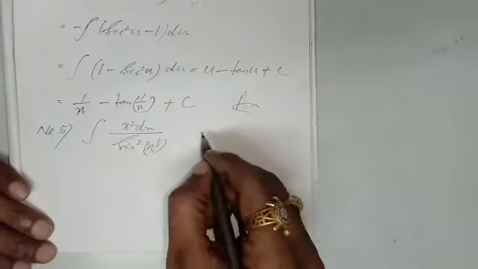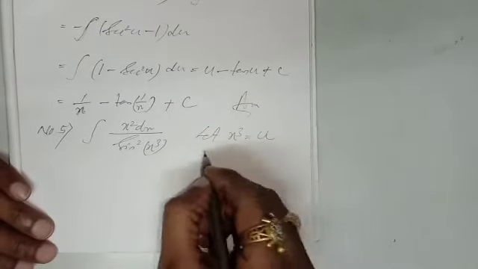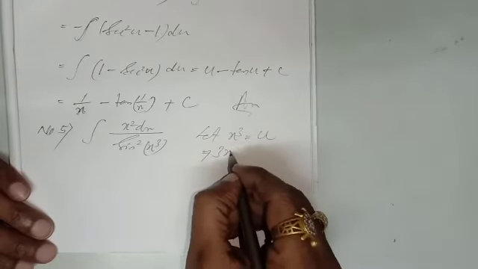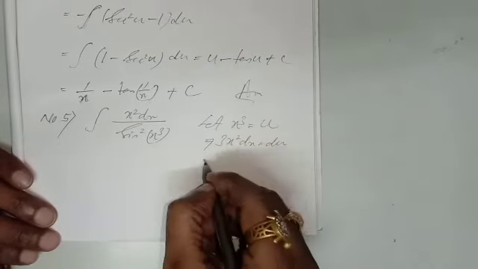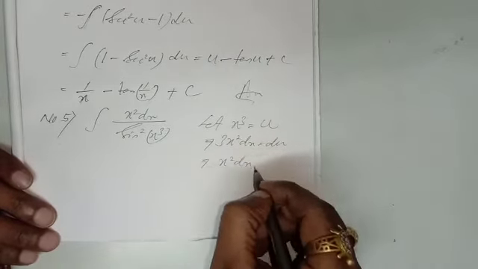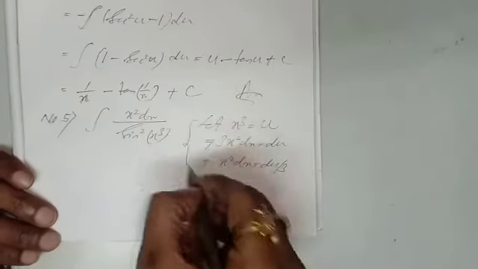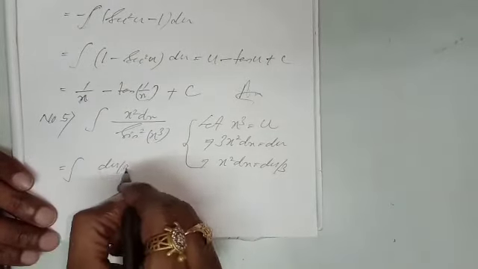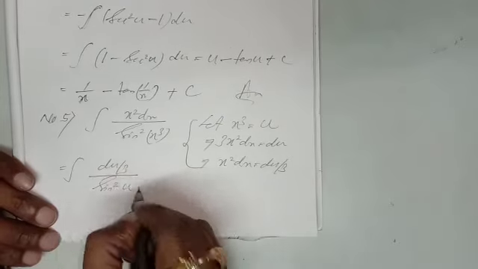First of all, take x cube as u, substituting x cube as u. So the derivative of x cube is 3x square dx equal to du. Therefore x square dx is equal to du by 3. Now substitute x square dx as du by 3, and this will be sin square u.